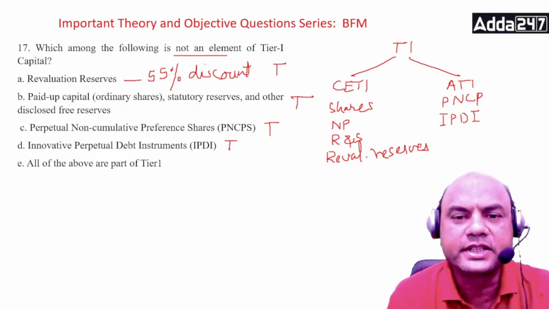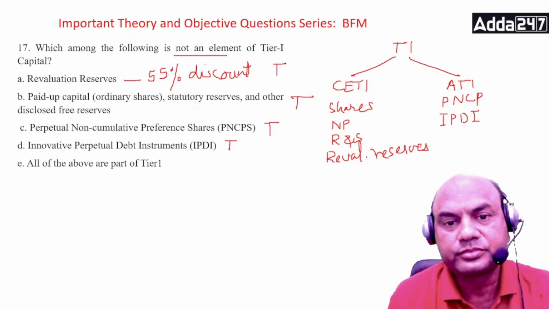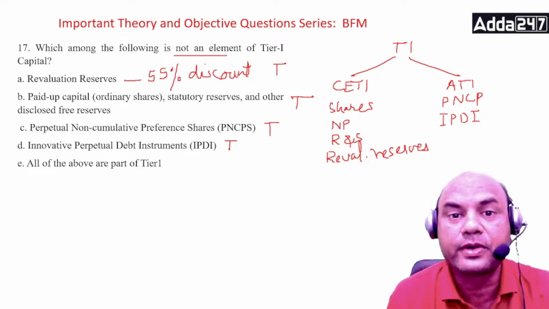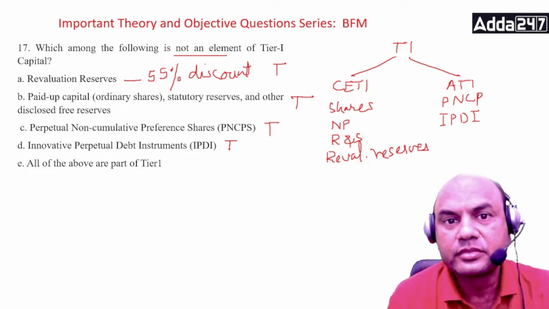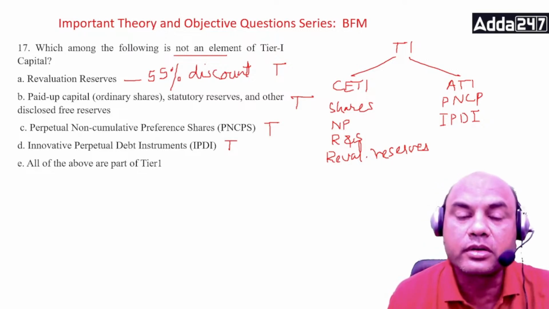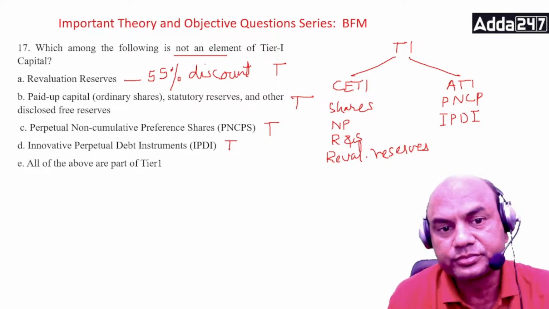No compulsory dividend. Preference means what? Preference shares are always issued to those while starting the company. What do you mean by perpetual? Very long term.